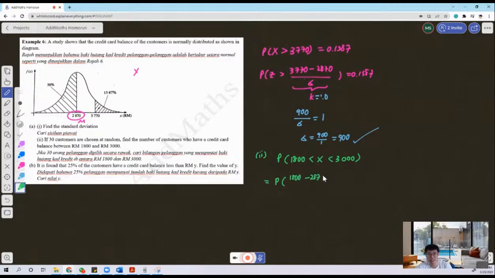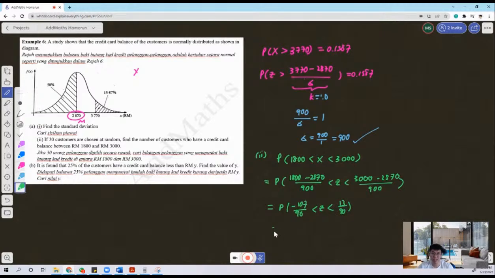So 1800 minus 2870 divided by 900 gives negative 107 over 90, and 3000 minus 2870 divided by 900 gives 13 over 90.